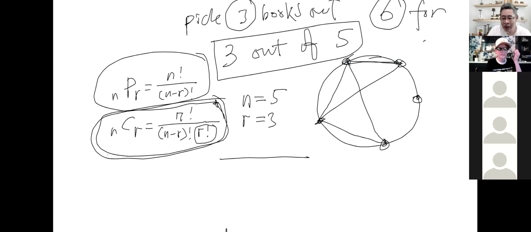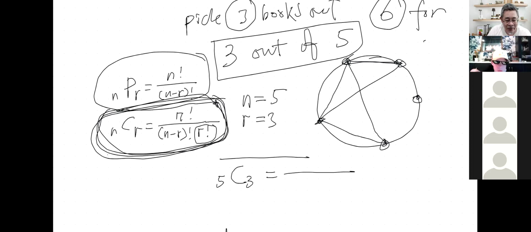Okay, so let's look at this one. How do we do that? Remember, it's the combination. So this is C, N is 5, R is 3, and we got 5 factorial, then 5 minus 3 factorial, and also 3 factorial.